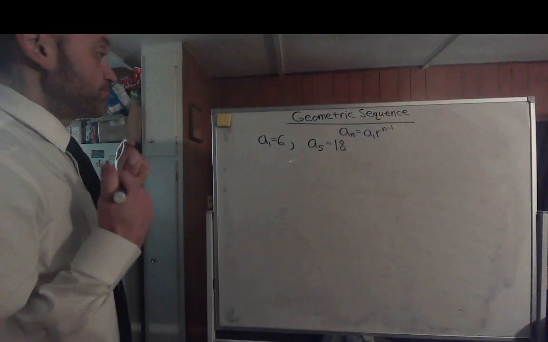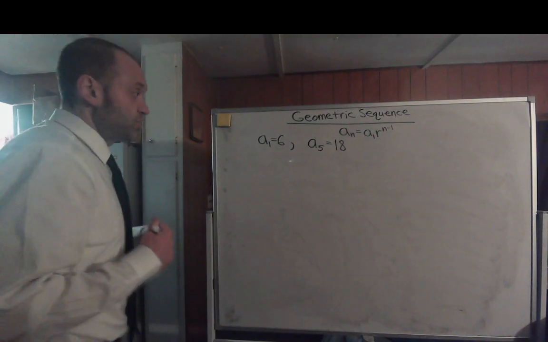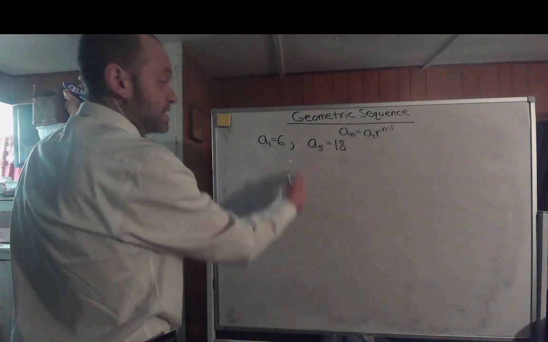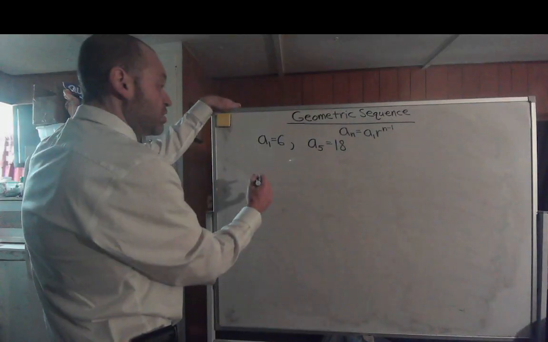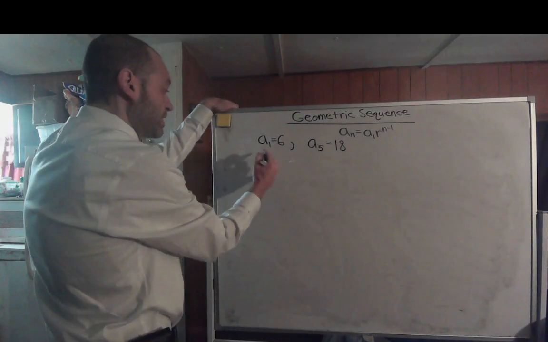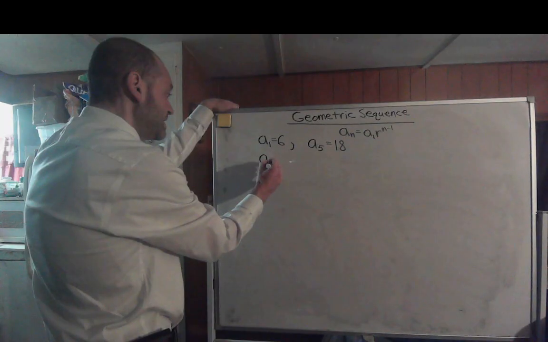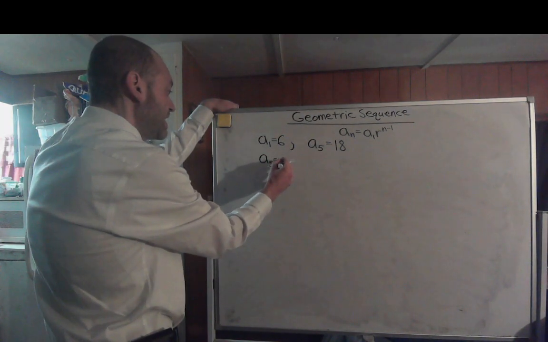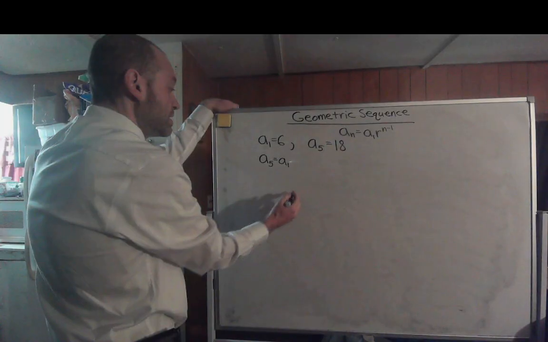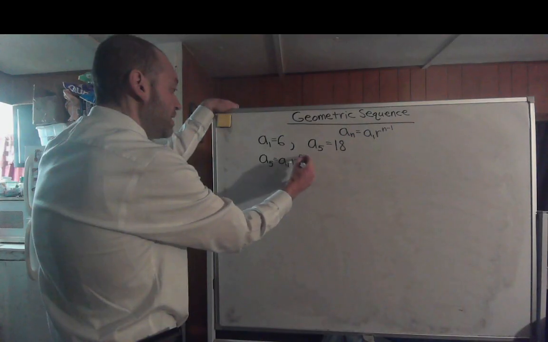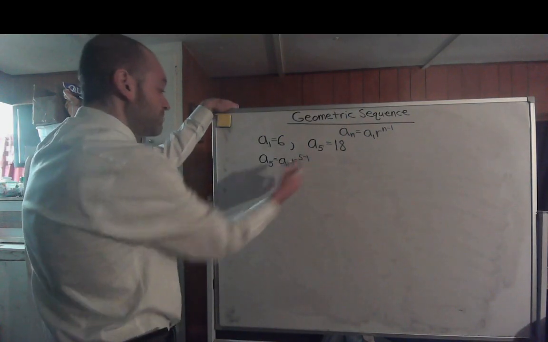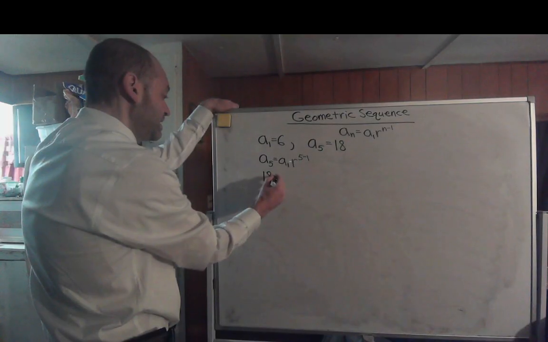Alright, what we don't know yet is the common ratio, but knowing a sub 1 is going to help us find the common ratio, so we can take this formula for a sub 5. So that means a sub 5 equals my a sub 1 times my common ratio to the 5 minus 1 power. Well, a sub 5 was defined to be 18.